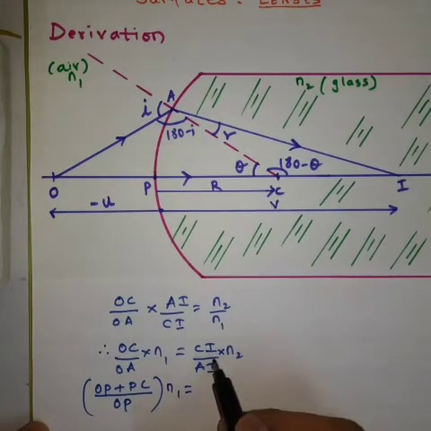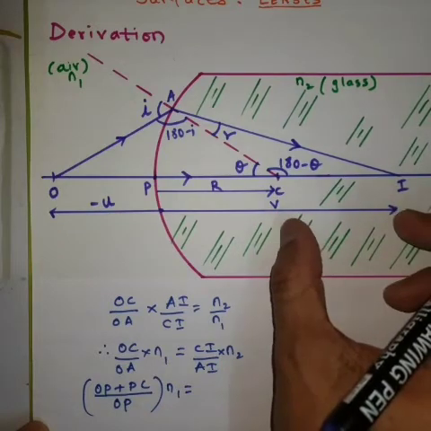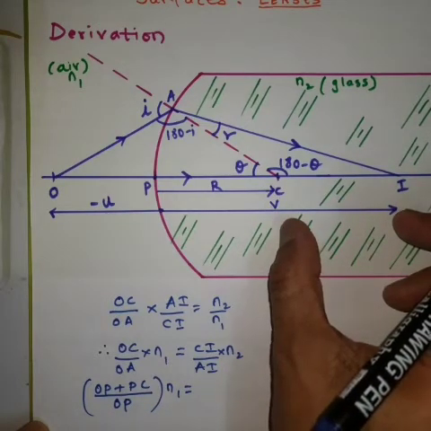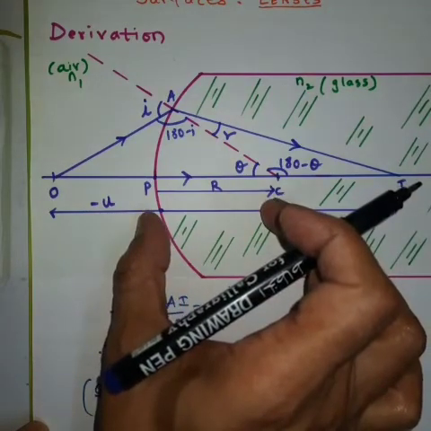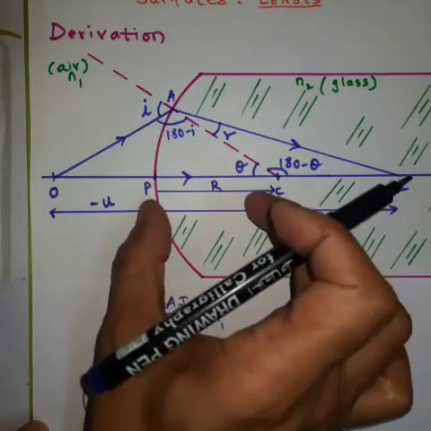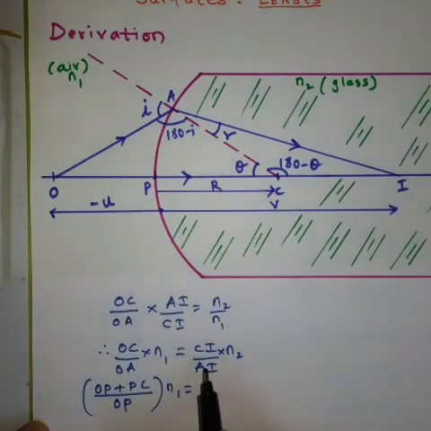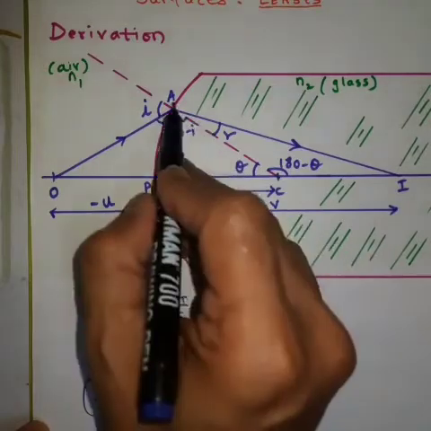Same way with CI, we do not have any value for CI. So what we can do is take PI minus PC. Why are we taking that? Because we know that this PI is V and this is R. So I can take this CI in the form of PI minus PC upon AI.